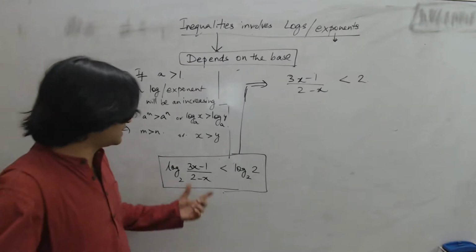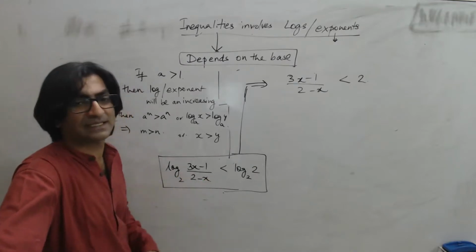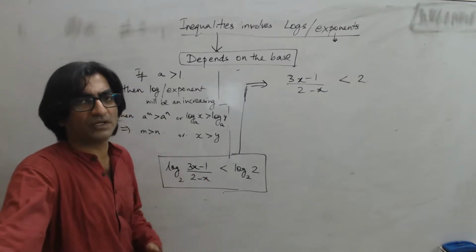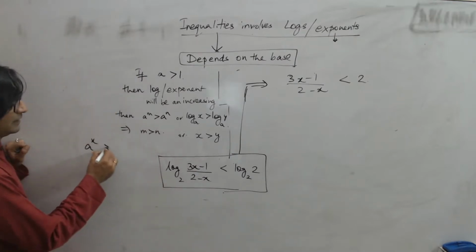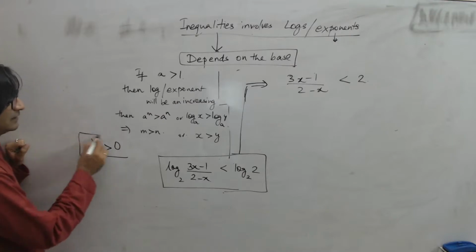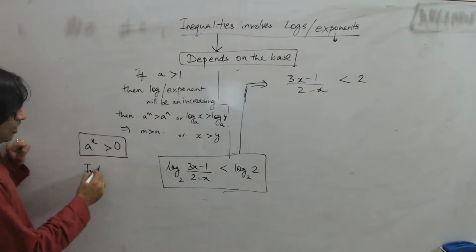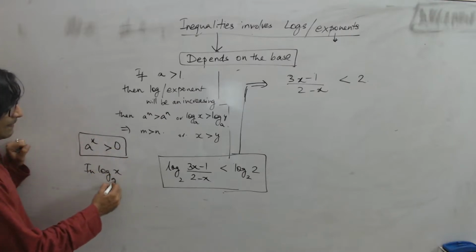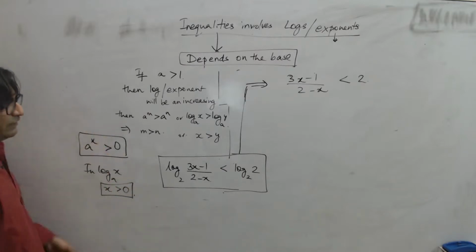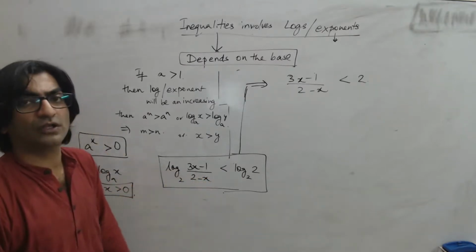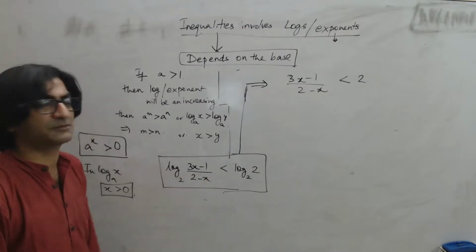Since the radicand contains x, there is one more important property. Just like an exponential is always positive, similarly, in log of x, x must always be positive. So whenever you have a logarithm, the logarithm will exist only if its radicand is positive.